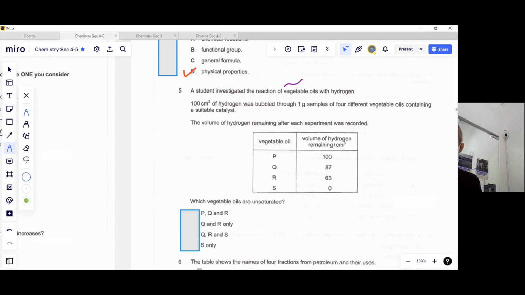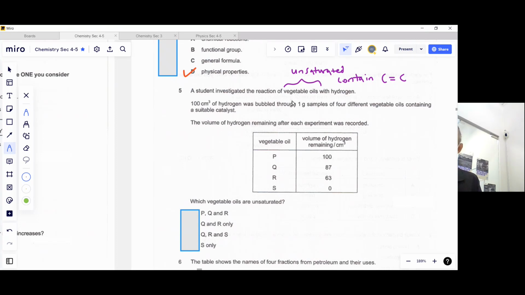Write down somewhere: vegetable oils, unsaturated. Meaning they contain C double bond C.